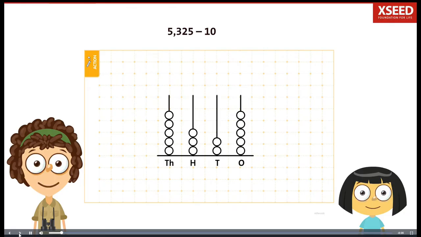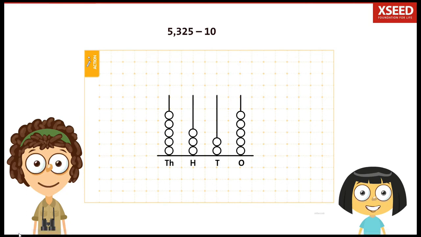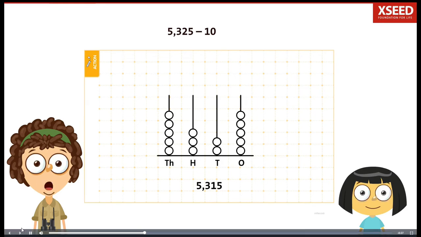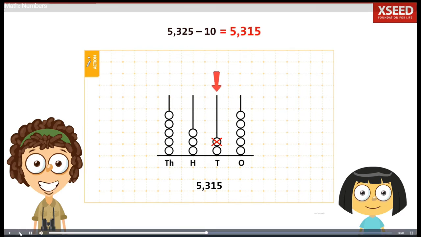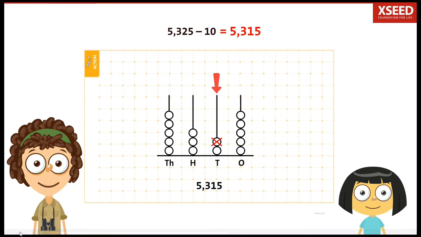Mia, what is your answer? My answer is 5,315. That's correct. To subtract 10, we will cross out 1 bead from the tens rod to get 5,315. Your abacus now shows 5,315.